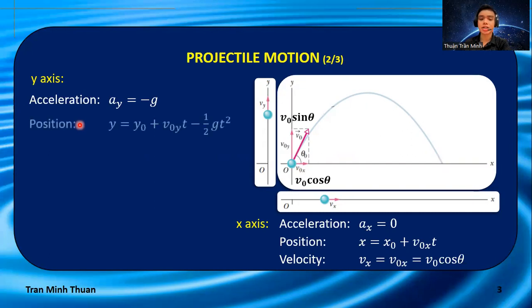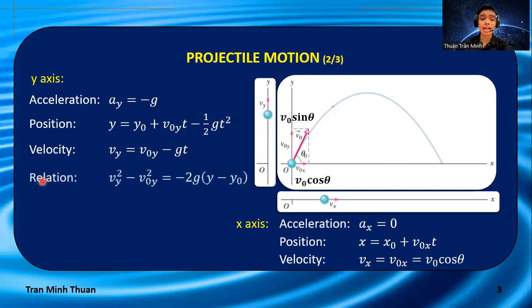So the equation of the position of the object is y equals y naught plus v naught y t minus 1/2 g t squared. And the velocity equation is vy equals v naught y minus g t.